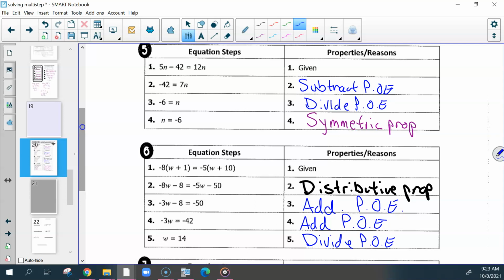For number 5, you should have had subtraction property of equality, division property of equality, and then I gave you symmetric. Do we have questions on either of those two?